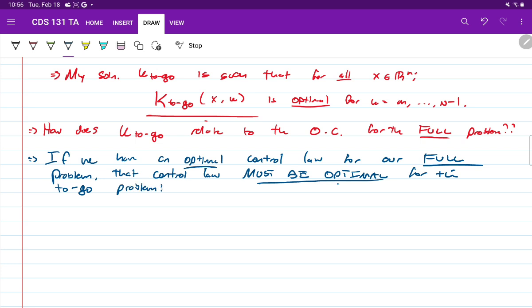Okay? So this is a really powerful idea called the principle of optimality.